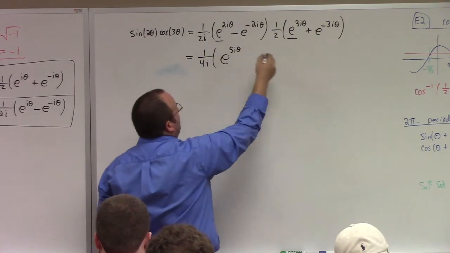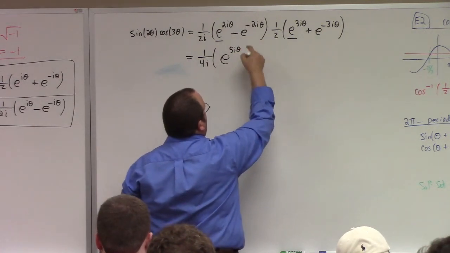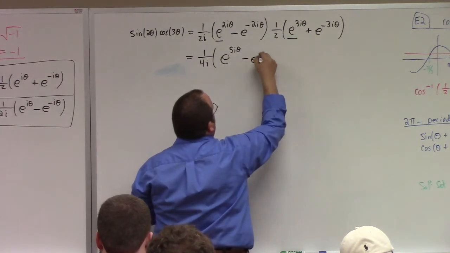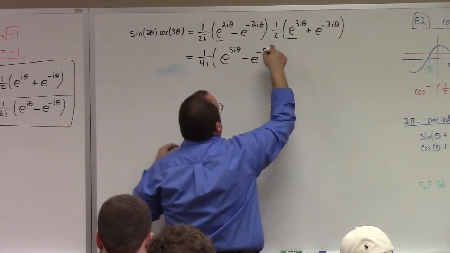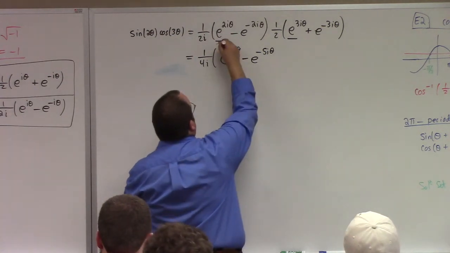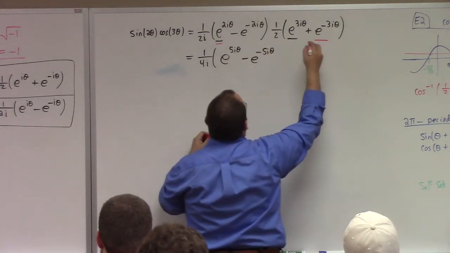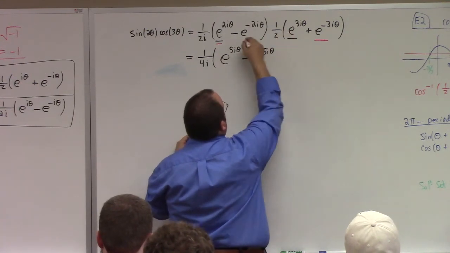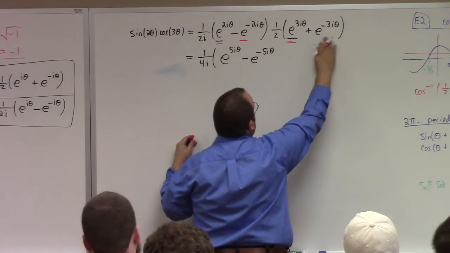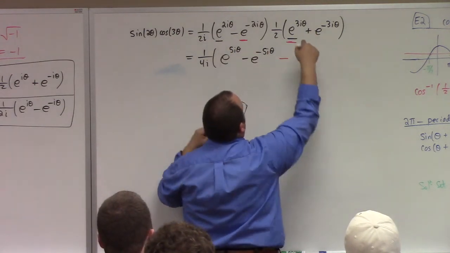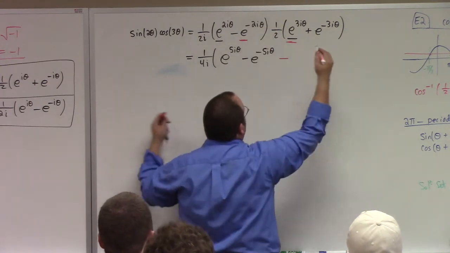This can be proved carefully. And so I get e to the 5i theta. If I multiply this times that, I get minus e to the minus 5i theta. The product, let me do some color coding here. This one times that one gives me, 3 minus 2 is 1, right?